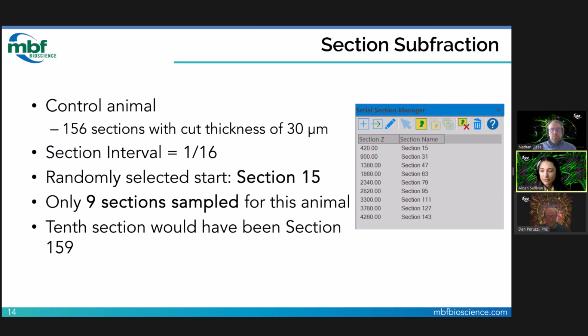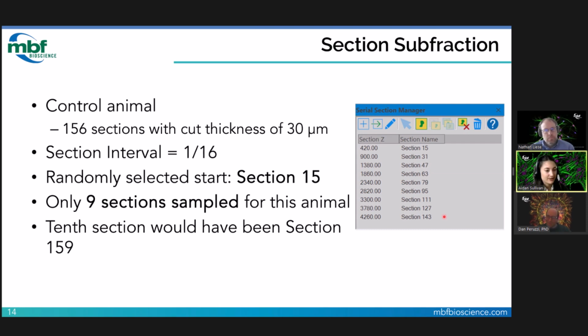And then from there, it created the serial section manager that you see on the right side of the screen. And you can see we're starting on section 15 and then going up by 16, an interval of 16 for every following section. And if you counted these, you would find that I only have 9 sections.